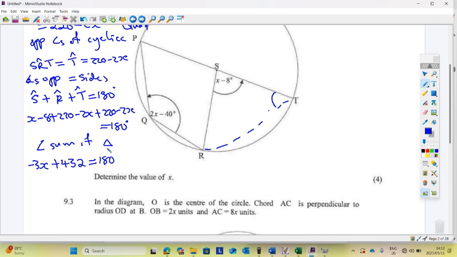The reason, angle sum of a triangle, or interior angles of a triangle. Then solve for x here.